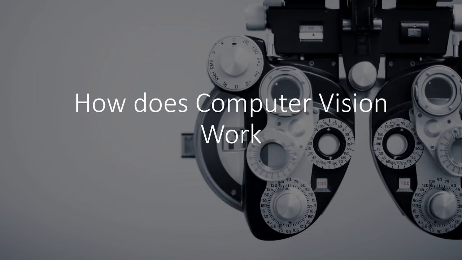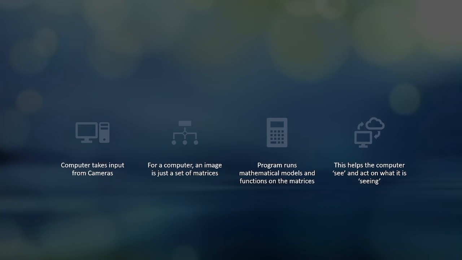So how does computer vision work exactly? A computer or a program takes input in the form of a video or an image from the cameras. Then the computer runs some algorithms, mathematical models, functions, and various operations on that image.